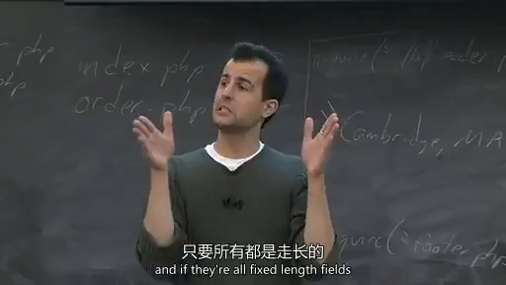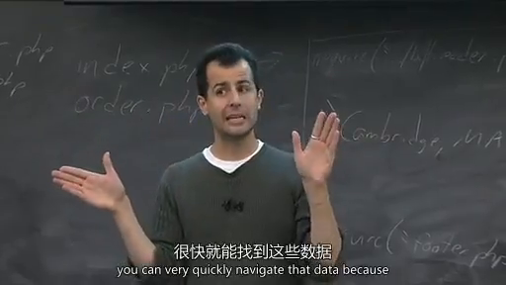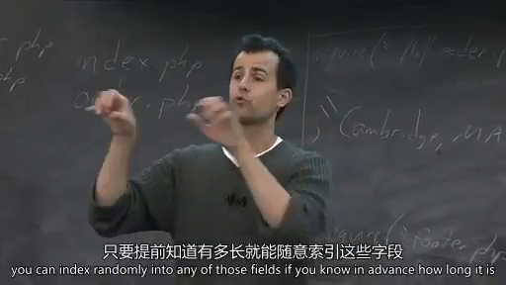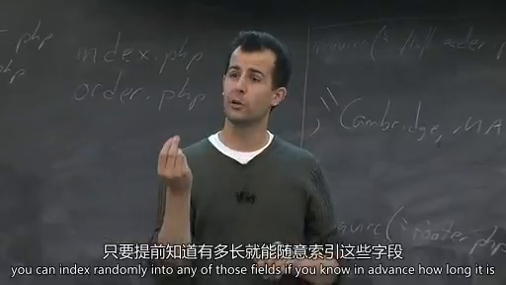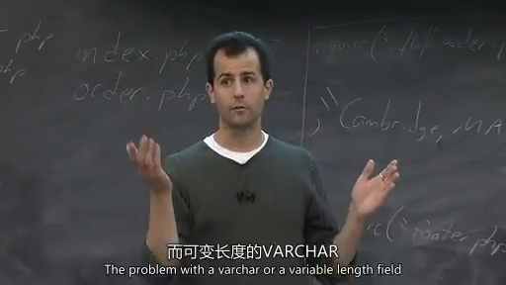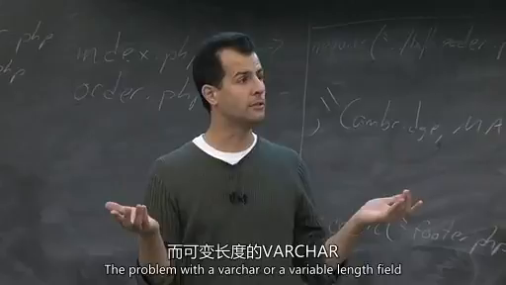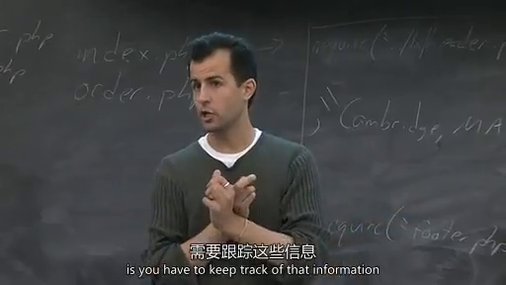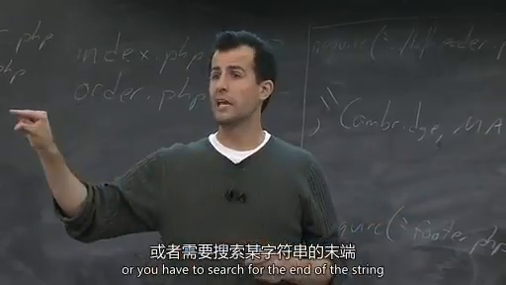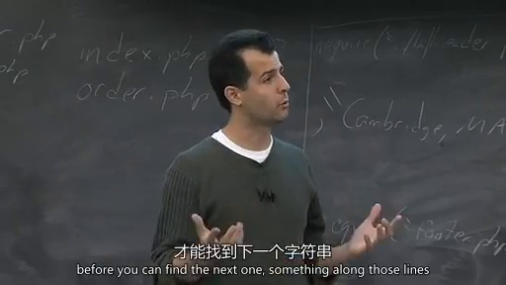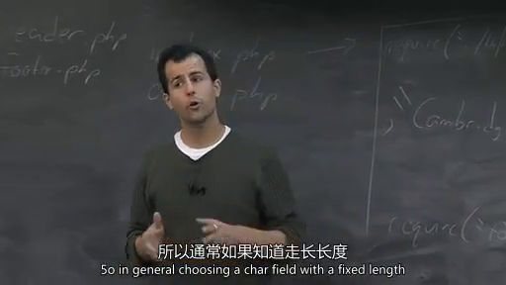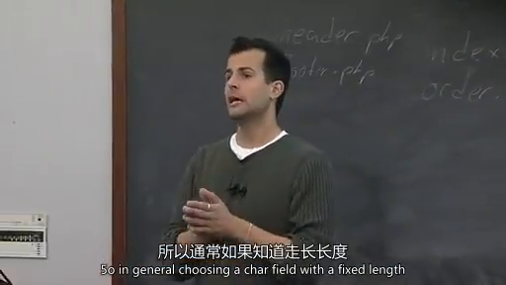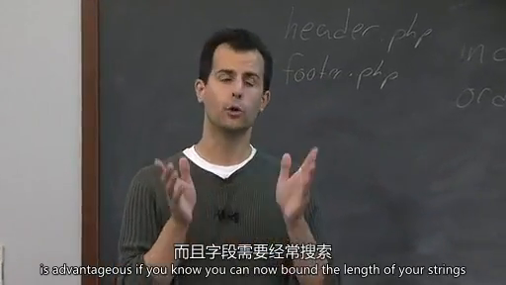If they're all fixed length fields, you can very quickly navigate that data because you can index randomly into any of those fields if you know in advance how long it is. But the problem with a varchar or variable length field is you have to keep track of that information, or you have to search for the end of the string before you can find the next one, something along those lines.